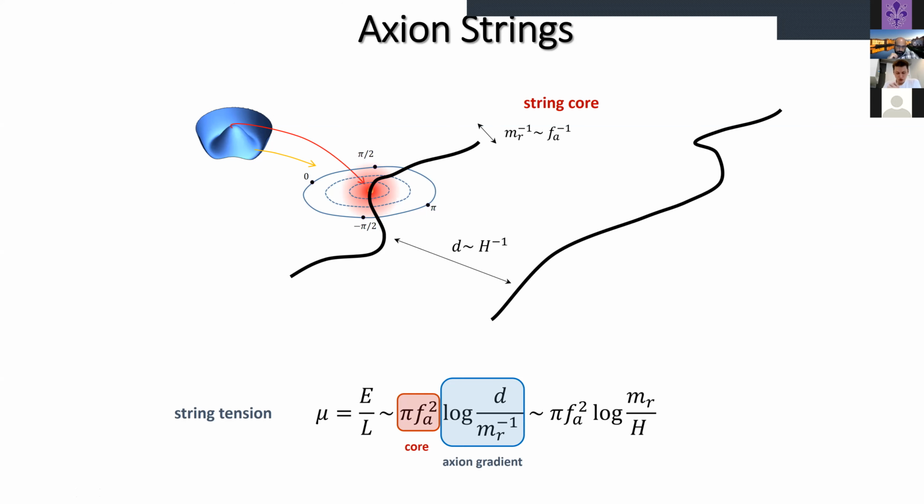Then there is another contribution coming from the axion gradient, from the fact that the gradient of the axion field is not vanishing at arbitrarily large distance from the center of the string. This contribution is actually logarithmically divergent for a single string, and for a configuration of strings, it is cut off at the distance between two strings with opposite orientation, which in the universe is of order inverse Hubble. And so the string tension in the universe is of order pi Fa squared times log of M_R over H.